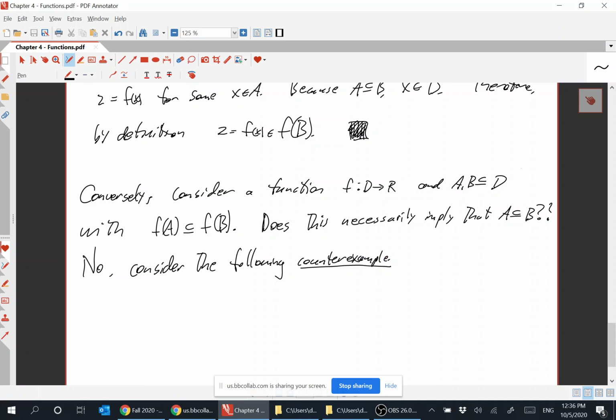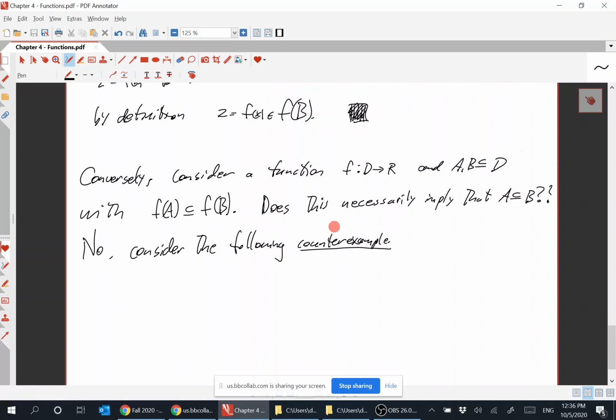So here is a counterexample. And again, it doesn't have to be a good example. Typically, the cheesier, the better. Now, 1, 2, 3, 4.